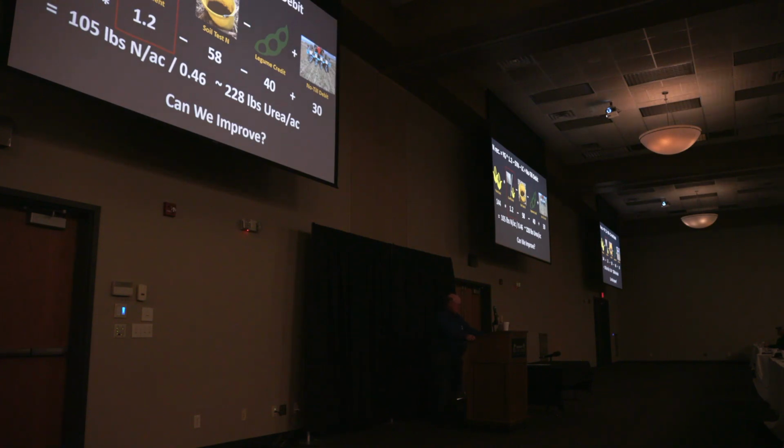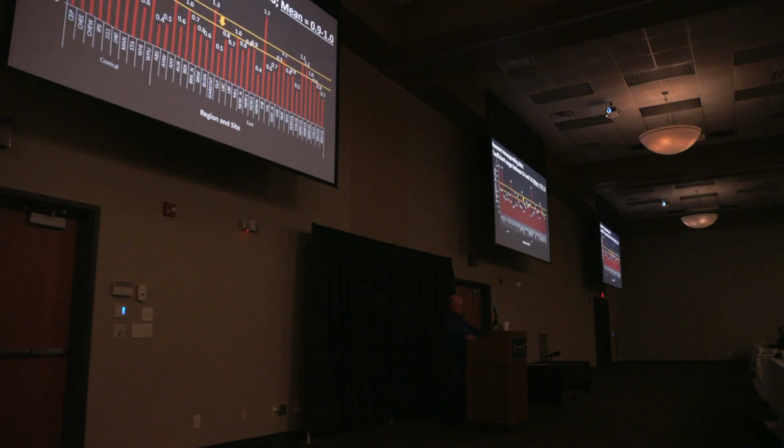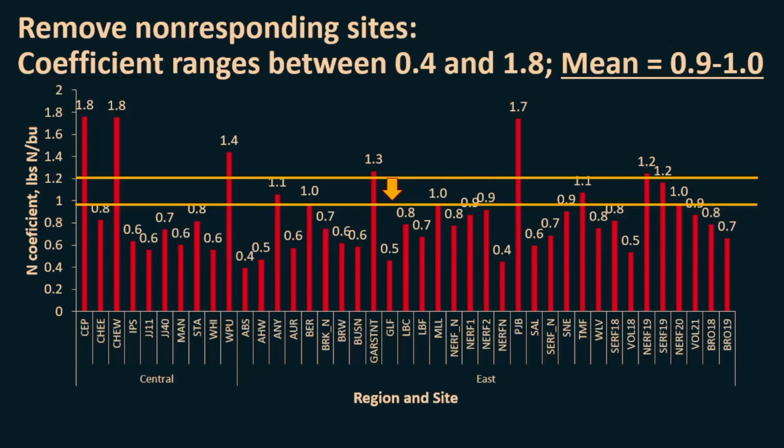Okay, so can we improve the 1.2? Obviously, we can improve the 1.2. We can drop that average down, and it would be better off for all those that are still using the 1.2. But quite frankly, in talking to a lot of farmers and agronomists, hardly anybody was using 1.2. The only people using 1.2 were the people that had the rules and laws, right?